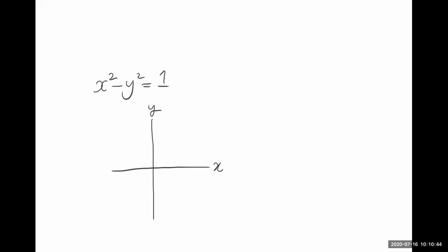Well, x squared minus y squared equals 1. What does it tell me? How can I find a point? Let's find a few points first. It might give you an idea. One point which is on this graph is (1, 0), because 1 squared minus 0 squared is equal to 1.